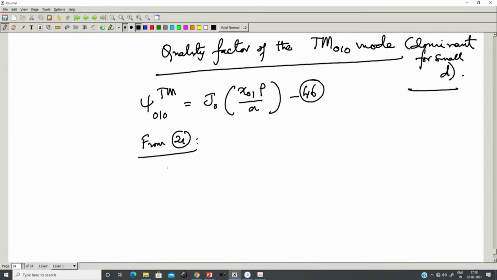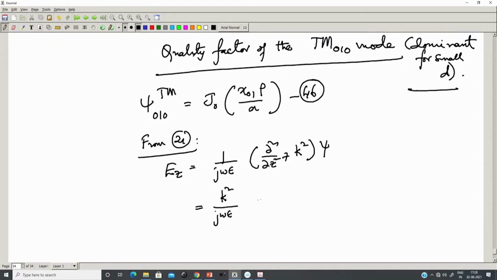From 21 we have Ez given by 1 by j omega epsilon del square del z square plus k square psi, that is k square by j omega epsilon J0 x01 rho by A. We call this equation 47.